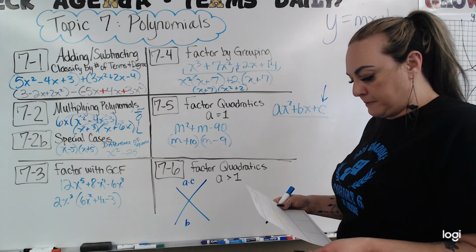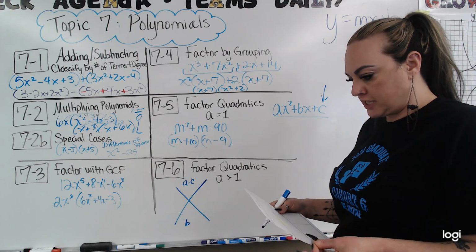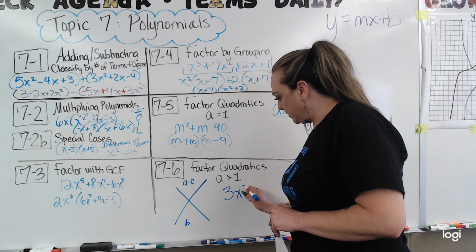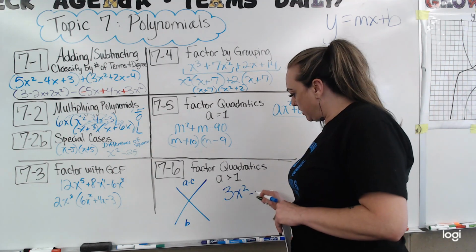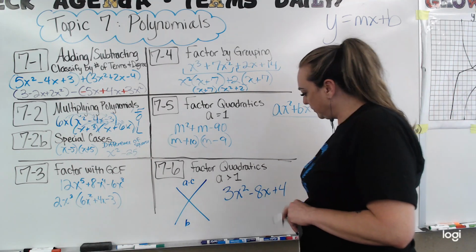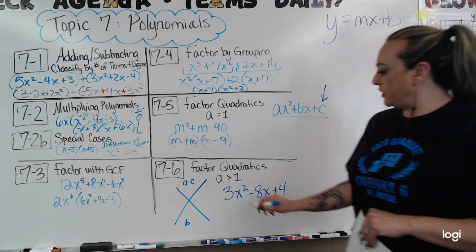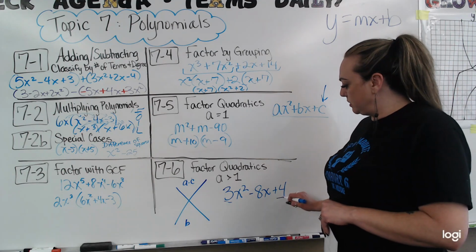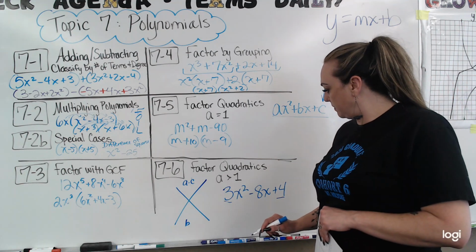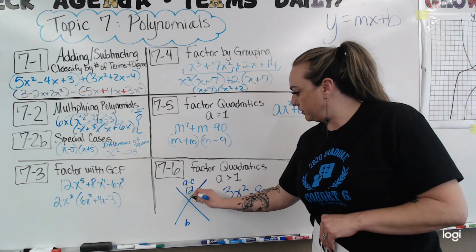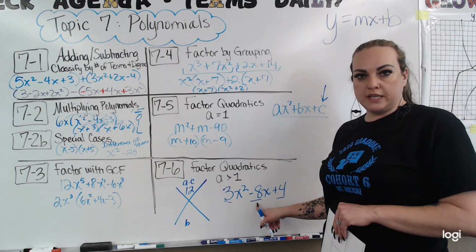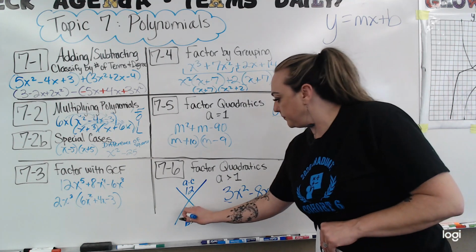So let's use this one as an example. 3x squared minus 8x plus 4. And so we're going to take A and multiply it times C, and that's going to give us our value for the top of the X, which is 12. And then our B value is negative 8.